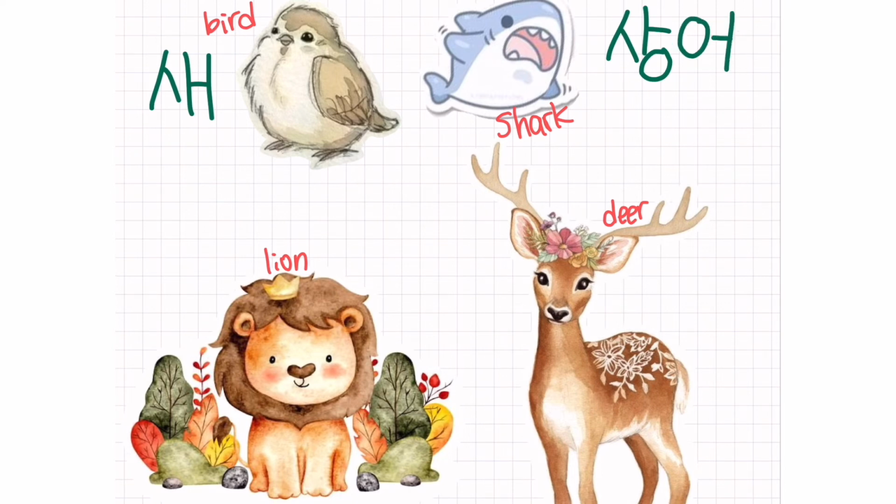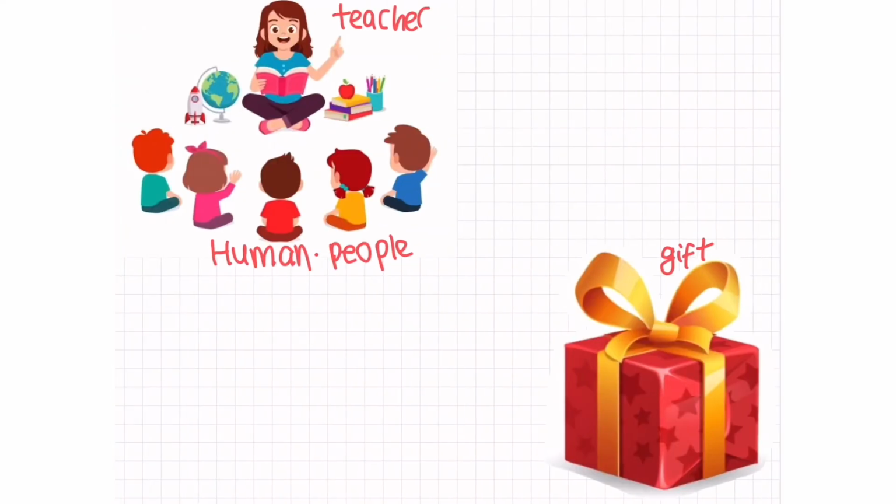Lion is 사자. Deer is 사슴. Next, teacher is 선생님. 선생님.